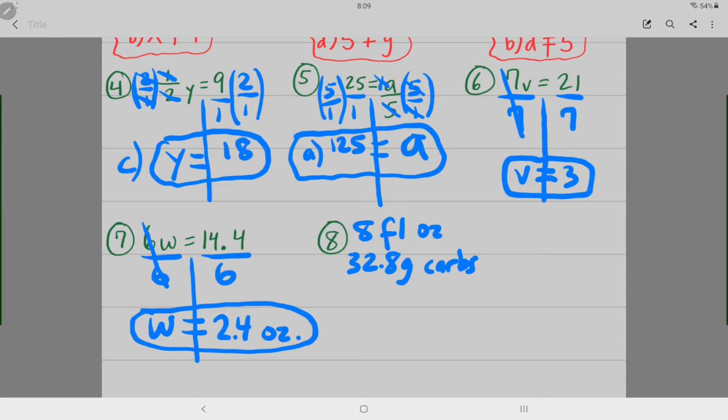So to solve and figure out how many carbohydrates there are in each fluid ounce, what I have to do is to divide. So to set this one up, let's say, write an equation to find the amount of carbohydrates in this. So what I have to do is divide 32.8 carbs. So 32.8x equals 8.